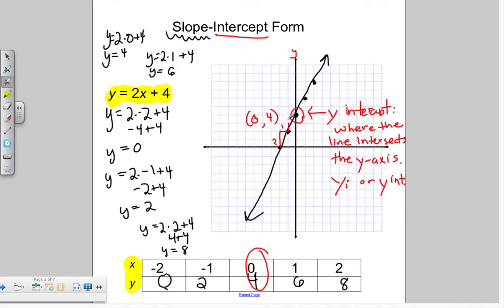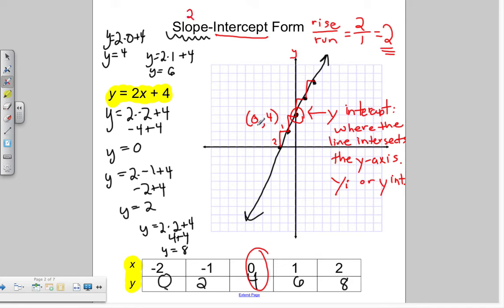Check the next one: rising up 2, running 1. So my rise over run is 2 over 1, or 2. That's my rise over run. So my slope is 2.